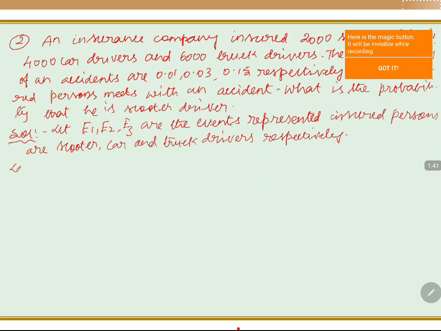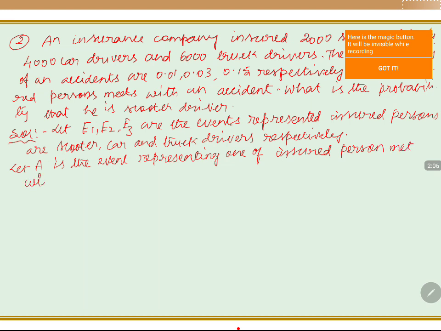And let A be the event representing that one of the insured persons met with an accident.